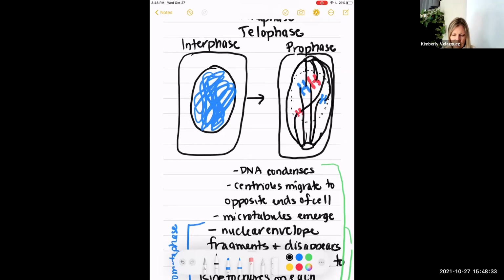So now imagine that each of those chromosomes is getting pulled from those microtubules at opposite ends. And as they pull, everything is going to get pulled until it aligns in the middle. And when everything aligns in the middle, we're at metaphase.